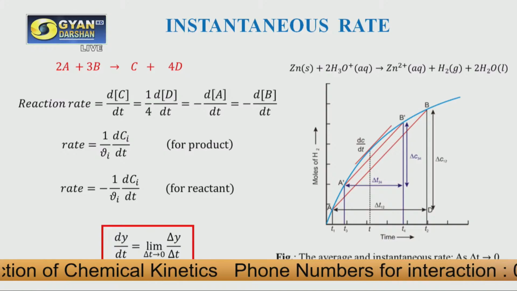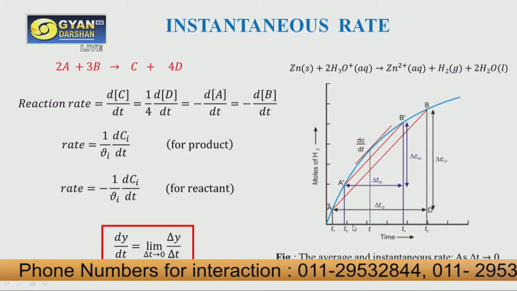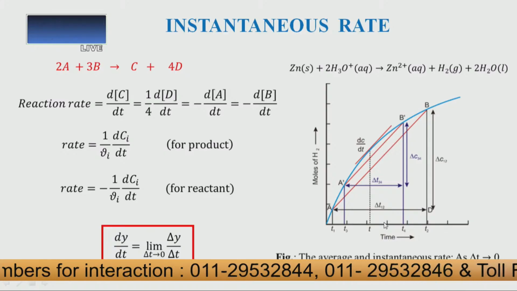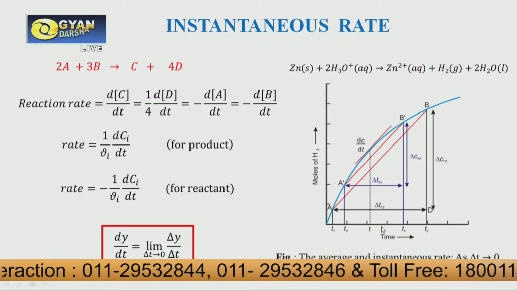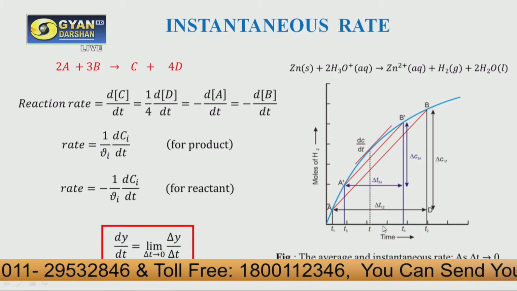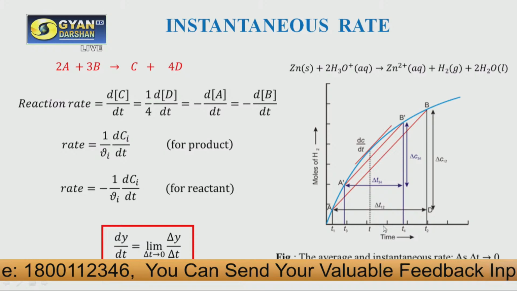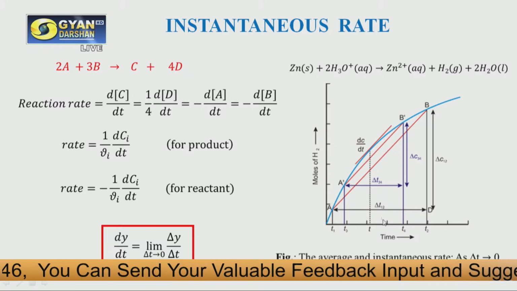If in this time plot we want to find out the concentration of the product or the reactant at a particular time, then we just find the slope of the concentration-time plot of that reaction.